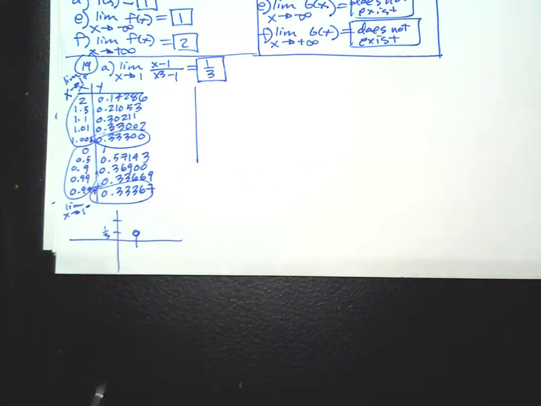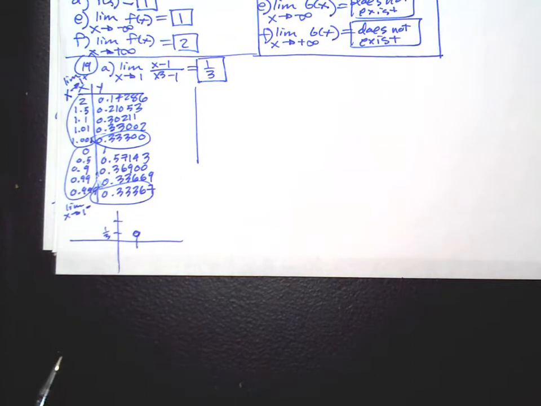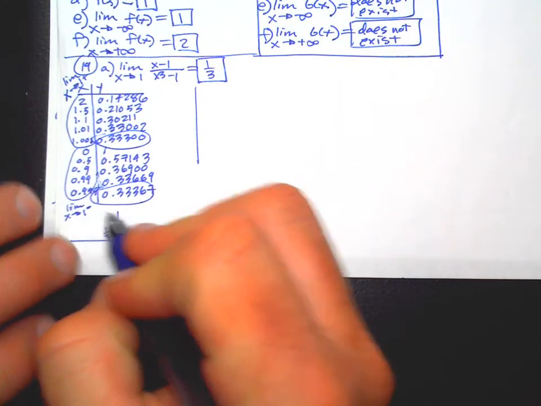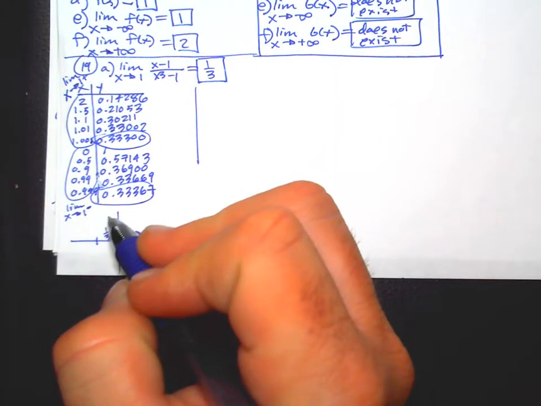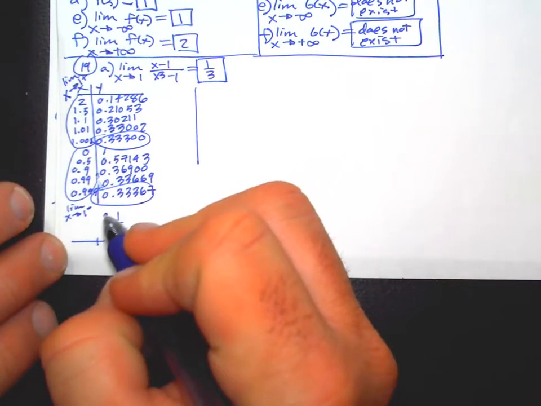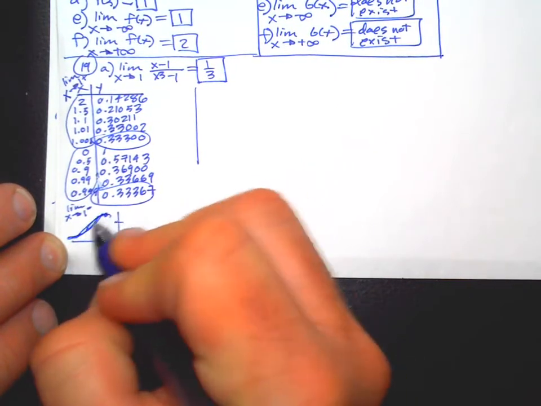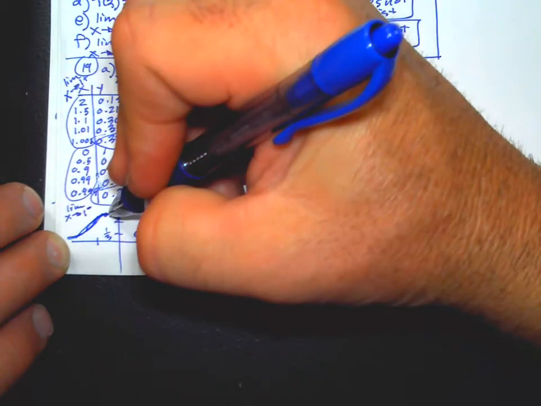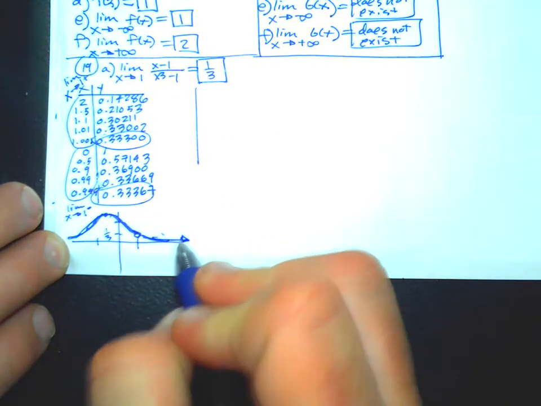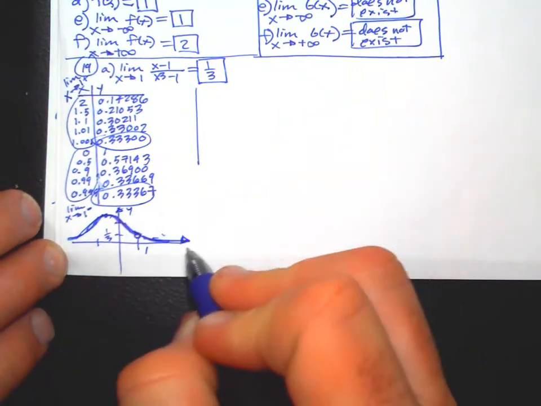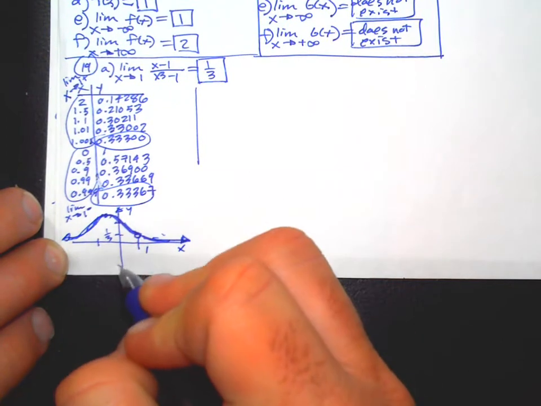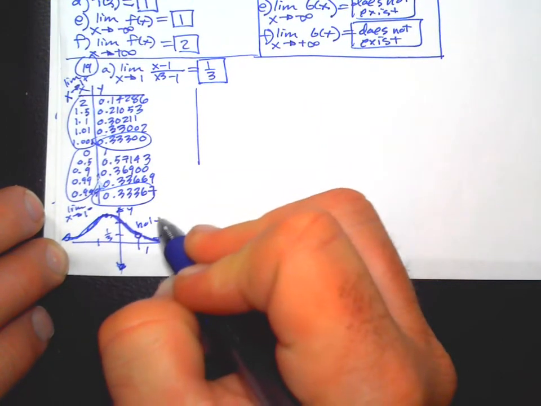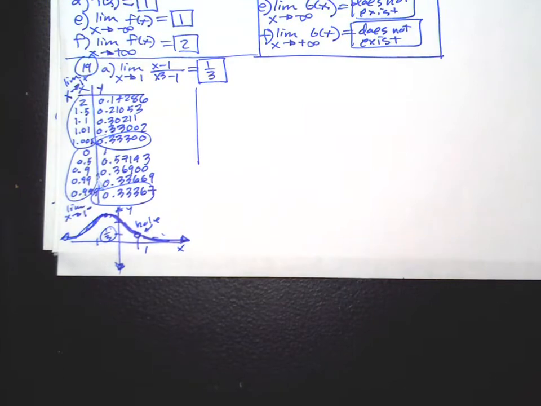And then it looks like the peak is, I don't know, somewhere around maybe 1 1/3 over here. So the graph kind of looks like this. And there's a hole in the graph right there, but it's around 1/3. Okay.